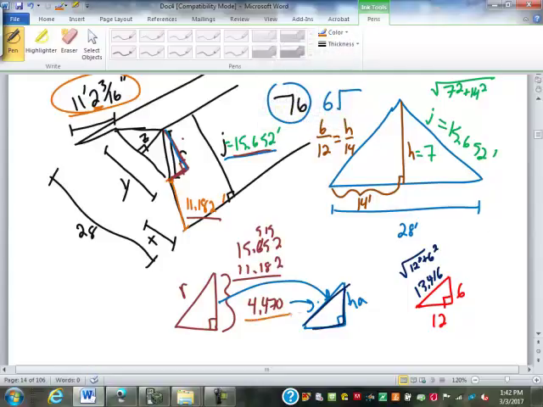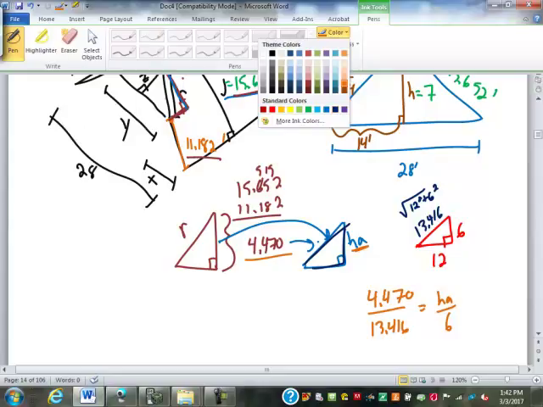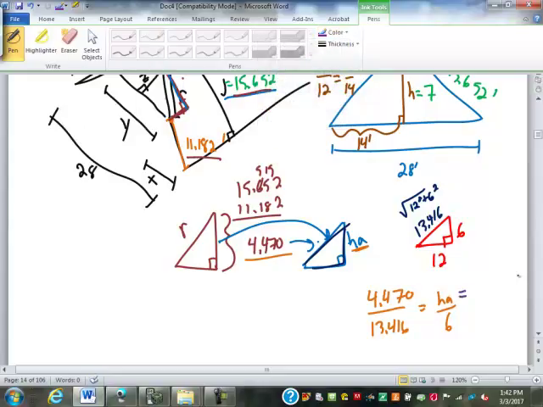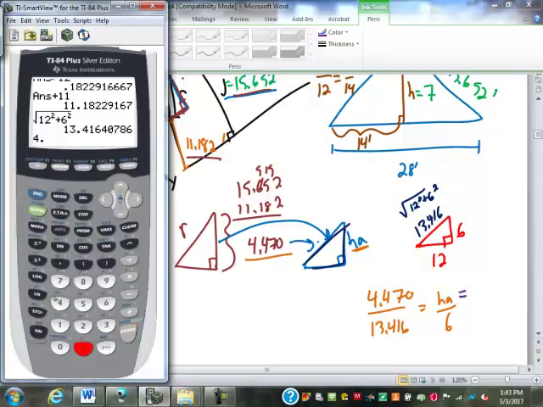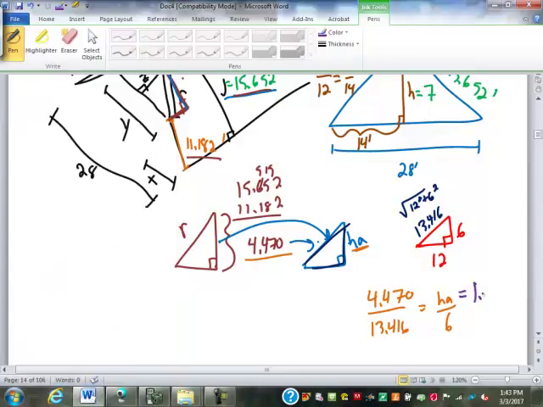So I have the 4.470 compares to the 13.416 as HA compares to the 6 over here. If I cross multiply and divide, what do I get for HA? 1.999 feet.